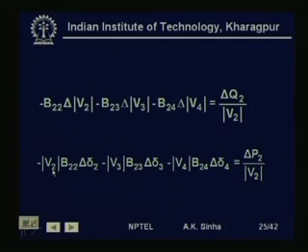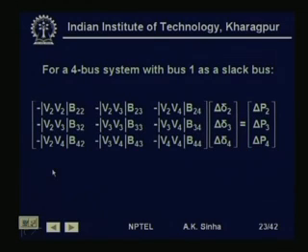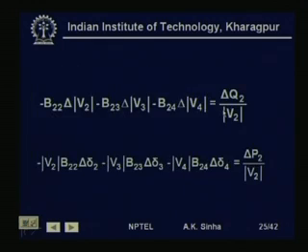Similarly, for the expression from here, again we will get V2 into V2 B22 minus V2 into V3 B23 minus V2 into V4 B24 into this term into delta 2, this term into delta 3, this term into delta 4 is equal to delta P2. Now, these V2 terms, if we take out and divide on this side, the equation remains same.